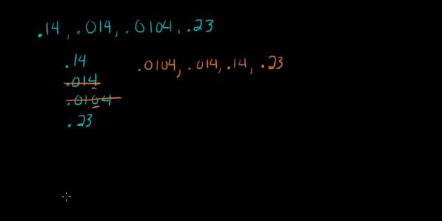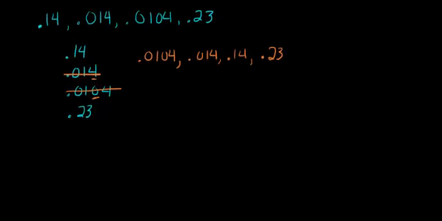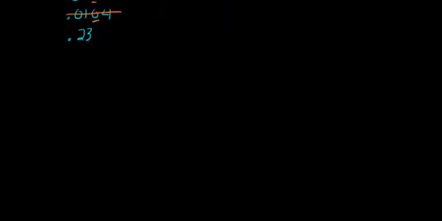If I wanted to do some decimal rounding, that's pretty straightforward. Anytime you're rounding decimals, you always have to remember you're looking at the number behind the place that you're rounding. Let's say we were rounding 56 hundredths to the nearest tenth. Well, if I want to round to the nearest tenth, that means I'm rounding this 5 here.